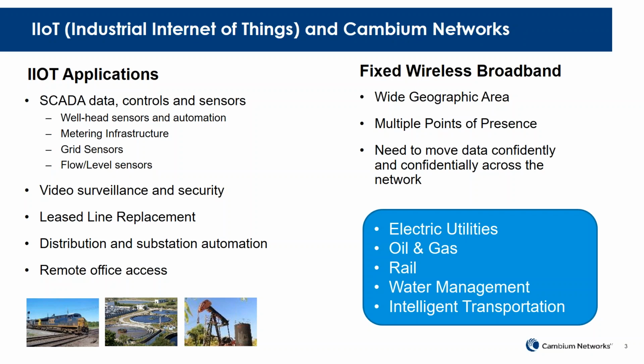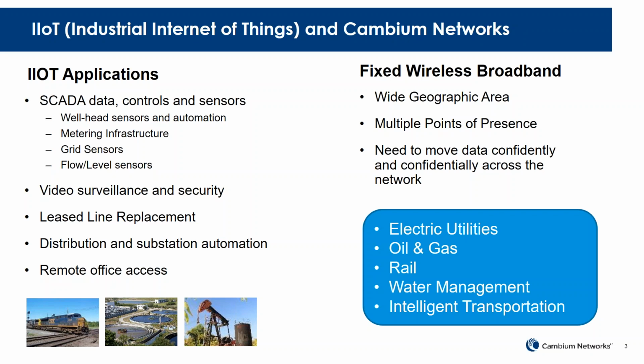Whether it's a wireline replacement or a 3G or 4G carrier or satellite comms, we can replace those with a private network and eliminate the operating expense. Automation, whether it's water treatment or electrical substations, and then remote office access with our Wi-Fi capabilities. So if you look at all of these industrial applications, we have a pretty broad portfolio to address those.